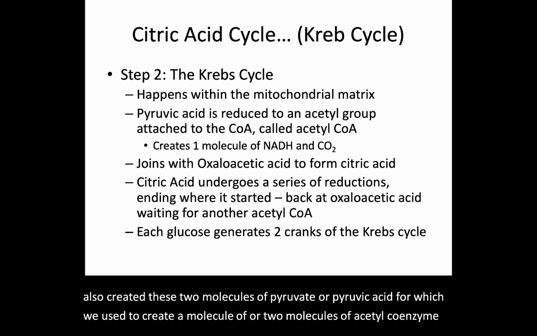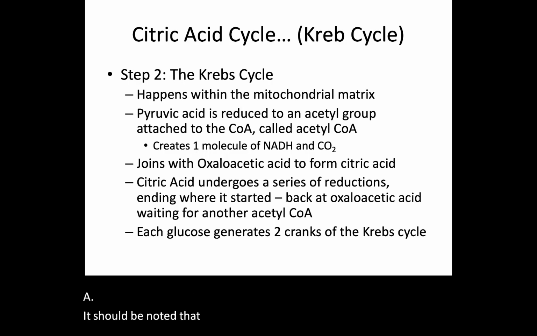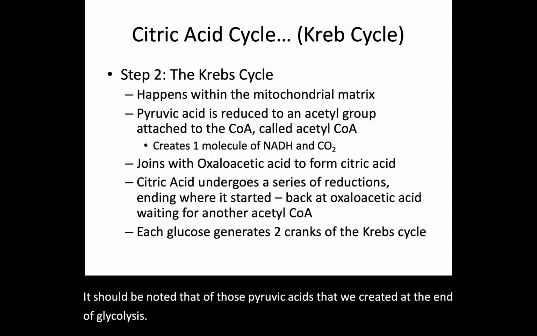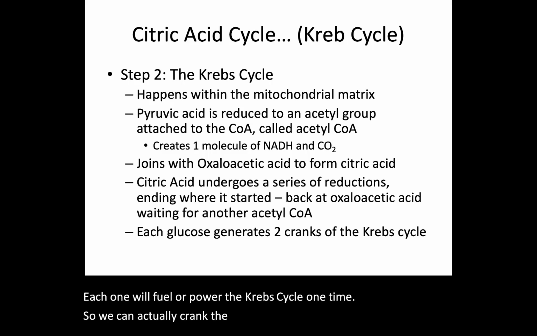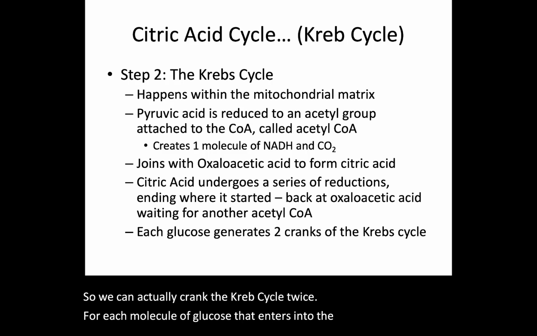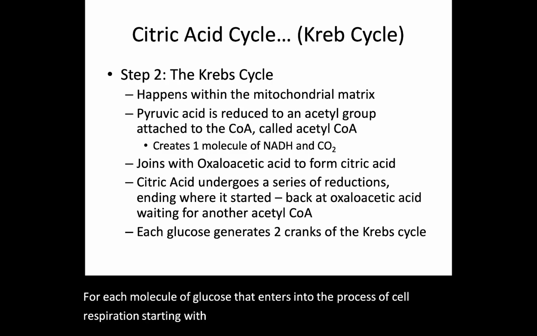It should be noted that each of those pyruvic acids that we created at the end of glycolysis will fuel the Krebs cycle one time. So we can actually crank the Krebs cycle twice for each molecule of glucose that enters cell respiration, starting with glycolysis.